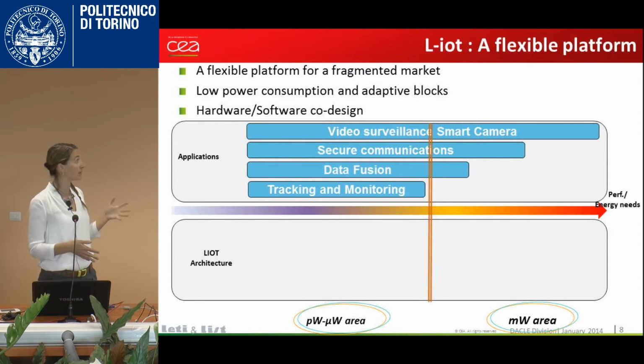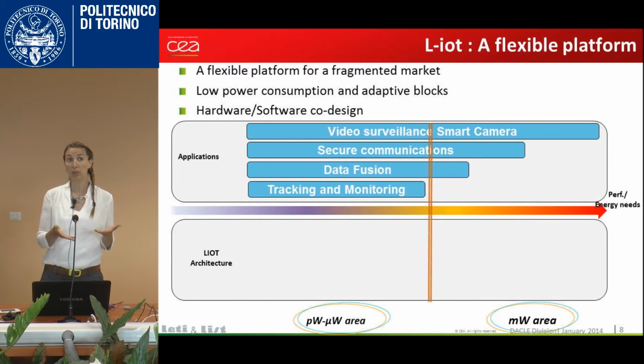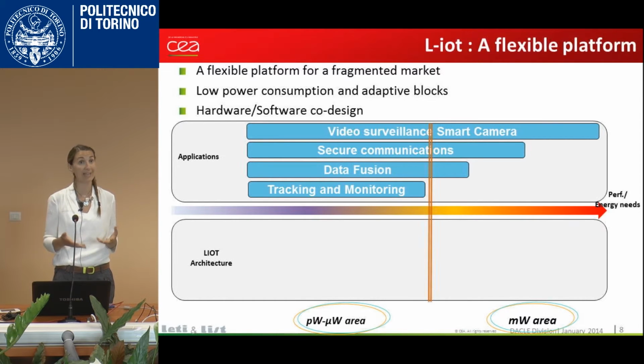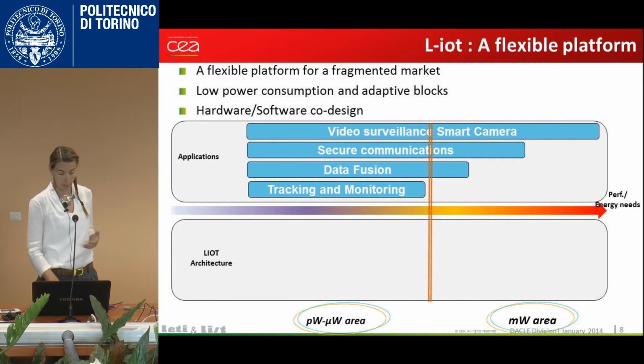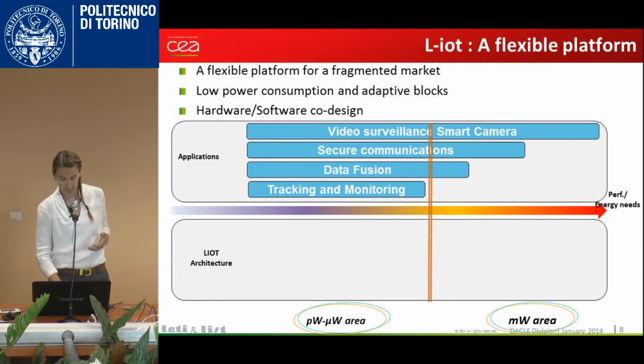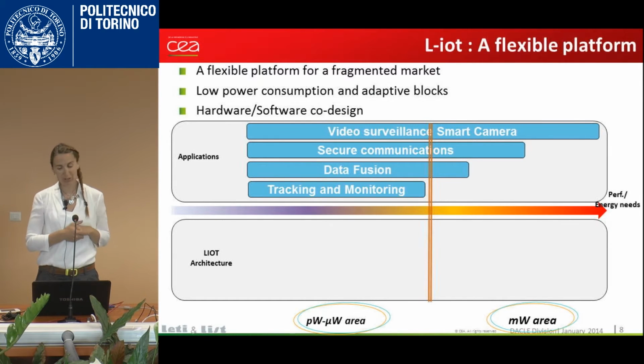But for smart cameras, for example, if you need to have only one part of the image, then you can have something that is less consuming. But if you need to communicate a nice picture with a lot of information inside, then you need to have a lot of energy. So you have a large part of the power that is consumed in that part.